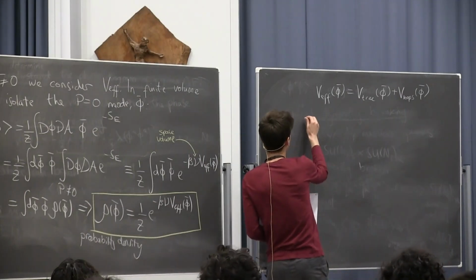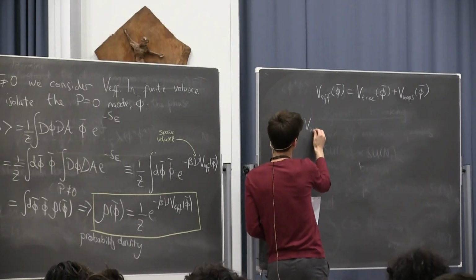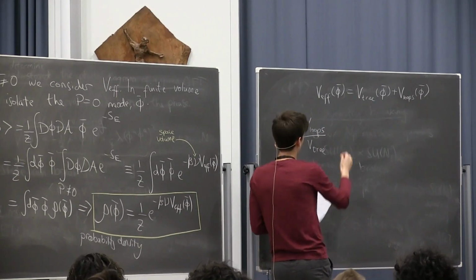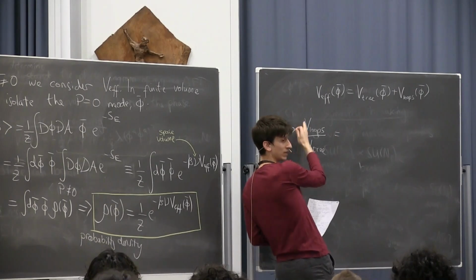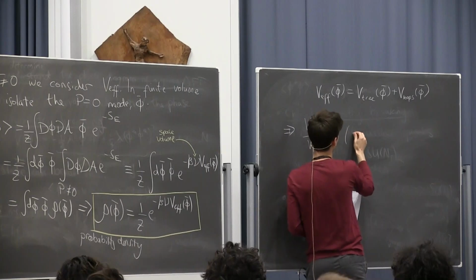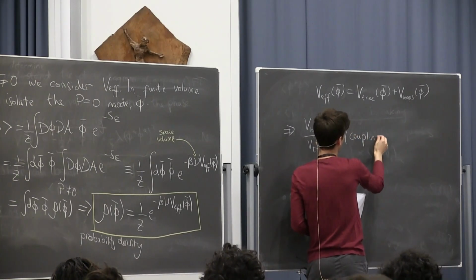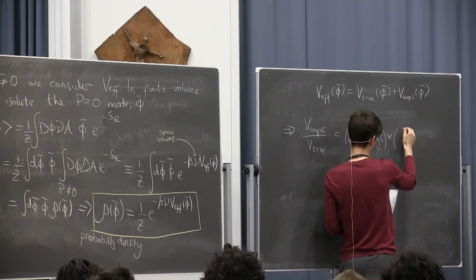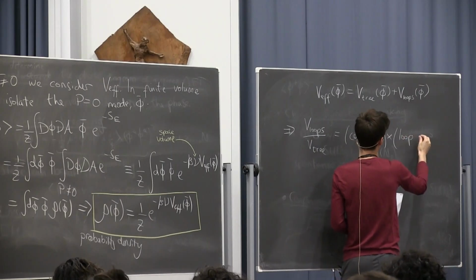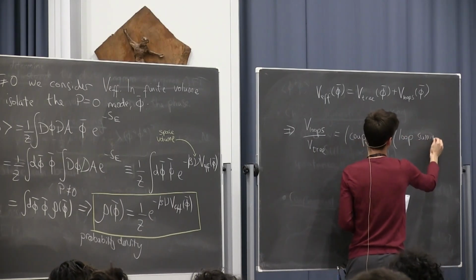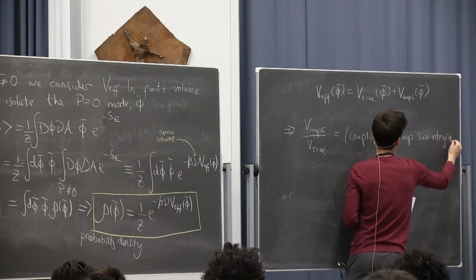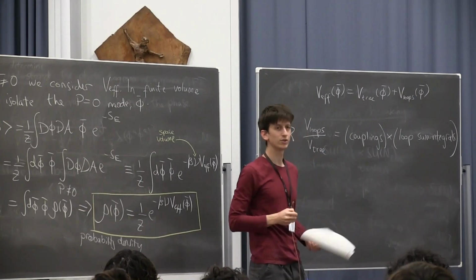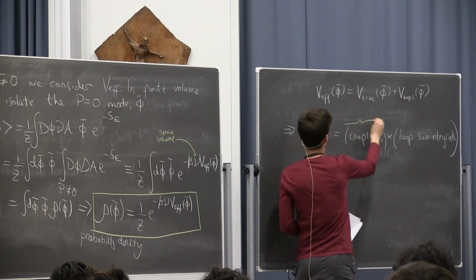So for something interesting to happen, the loops bit divided by the tree bit can't be too small. If you do a calculation, loops divided by trees always takes the form couplings times loop integrals, or sum integrals, and if we want to work in perturbation theory, then these couplings are assumed small.